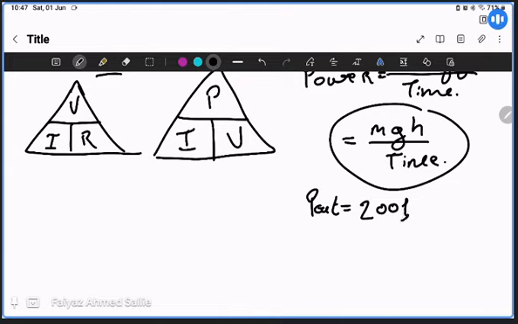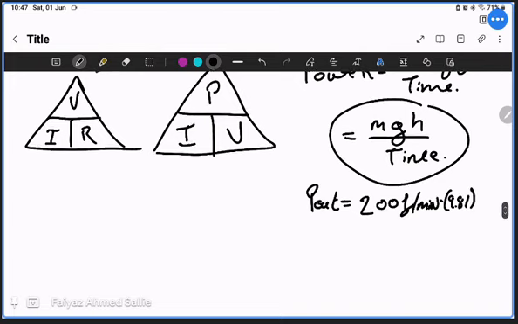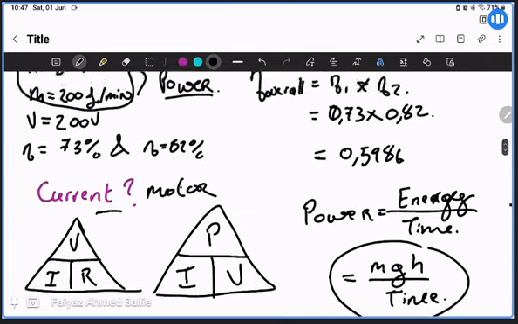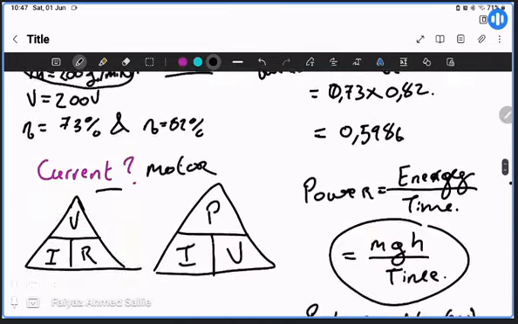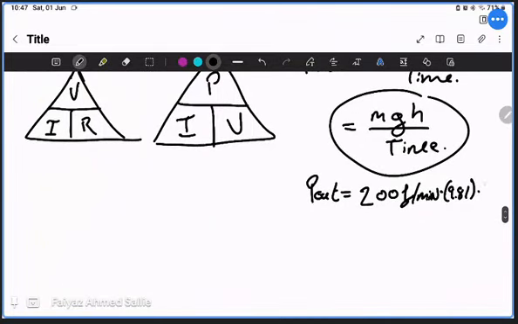200 liters per minute, right? And then we're going to multiply it by 9.81 multiplied by the height. What was the height? The height was 150 meters over time. So this time is in seconds, right? And this here is in minutes. So we need to convert that to seconds, which is going to be 60.